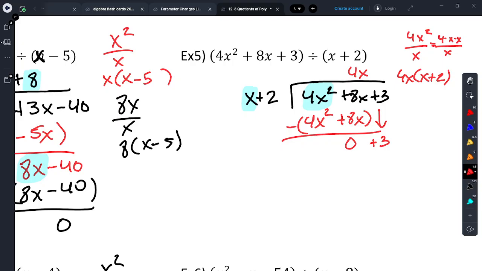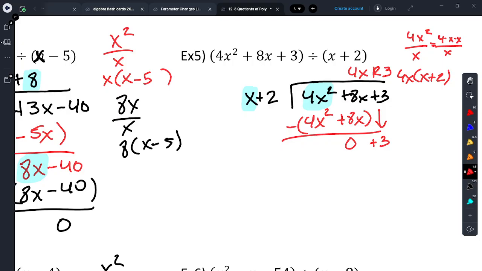I can't divide 3 by x plus 2. So what does that mean? That's my remainder. It's remainder 3. The only way I could divide 3 would be if it was 3x, and I'd have a negative. It'd be weird, but you'd have a negative remainder. But I have a remainder 3 because 3 cannot be divided by x plus 2.